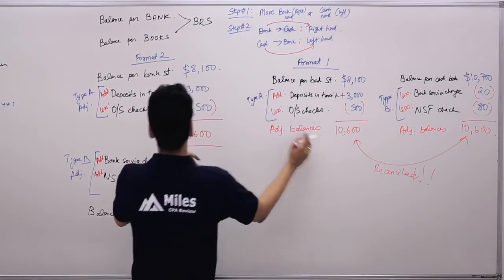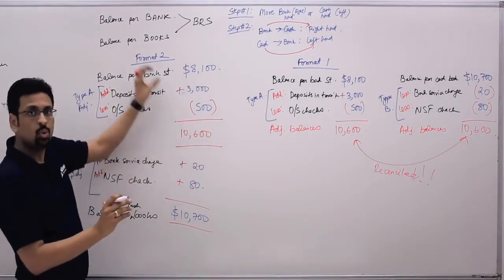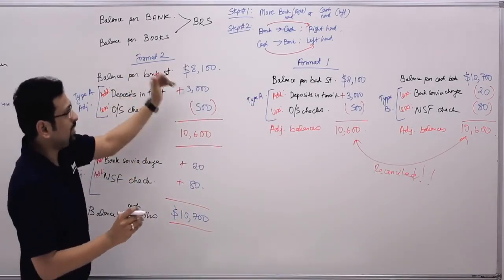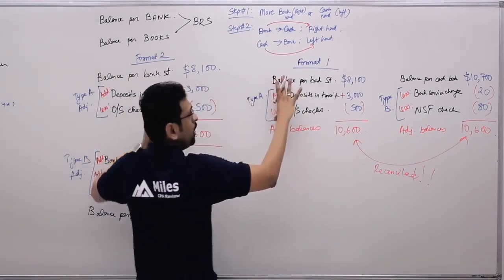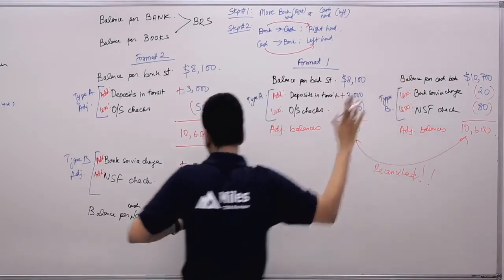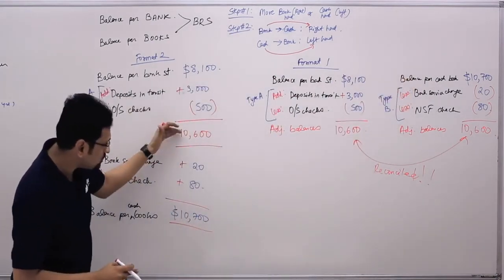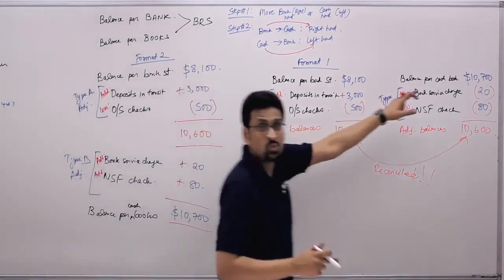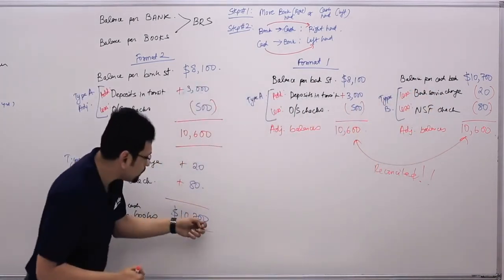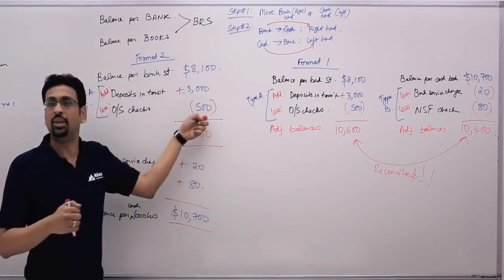This is the same number that we have in the center in format 2. So you could realize, 8,100 plus 3,000 minus 500, 10,600. This part for me looks the same. Now when I look at this type B part, what I had done here was I had done 10,600 plus 20 plus 80, 10,700. There, what I've done is basically 10,700 minus 80 minus 20 gets me 10,600.